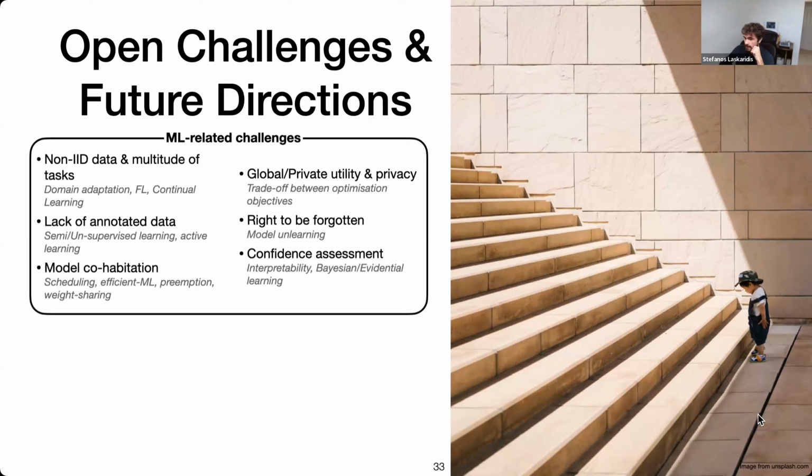Moreover, the current state of the edge is described by a general lack of annotated data. Unless we're talking about tasks that don't really need annotations, such as next word prediction, because we have text that gets filled, we need to leverage techniques from semi or unsupervised learning.